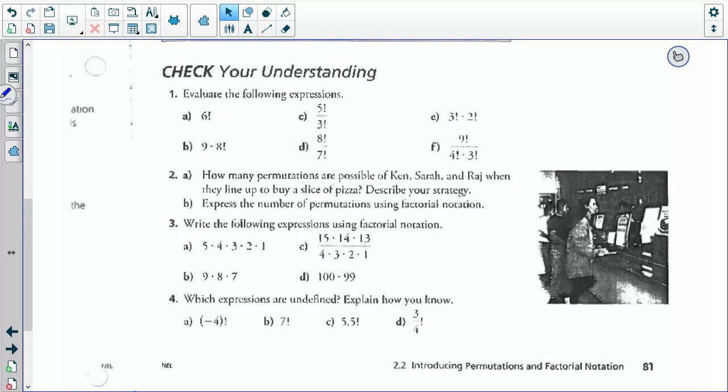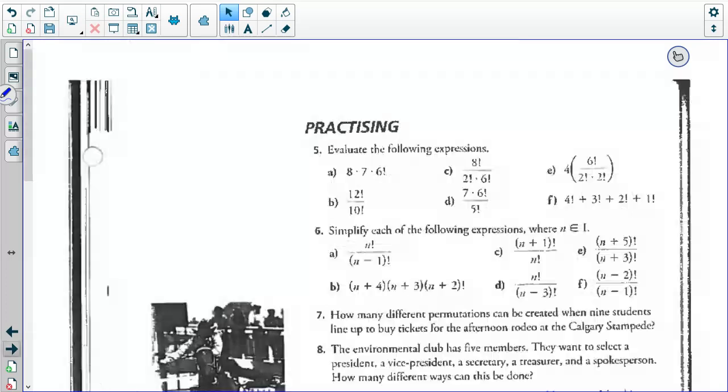If you guys want to go to page 81, I'll leave the rest of this off for tomorrow. Do 1 A, B, C, 3 A and D, 5 A and D, 6 A and D. I'm going to give you about 15 minutes to do that, and then I'll come back and go over it with you.